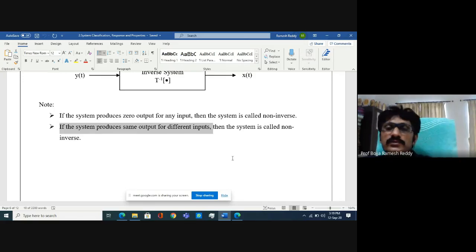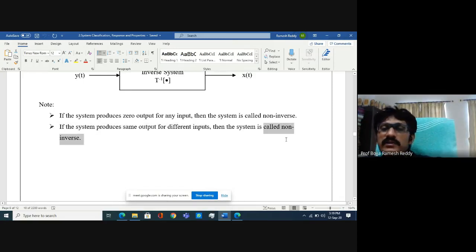At that moment also, it is not possible to design an inverse system. That system is also called a non-inverse system. There are two restrictions: output cannot be zero, and for two different inputs, the output cannot be the same.